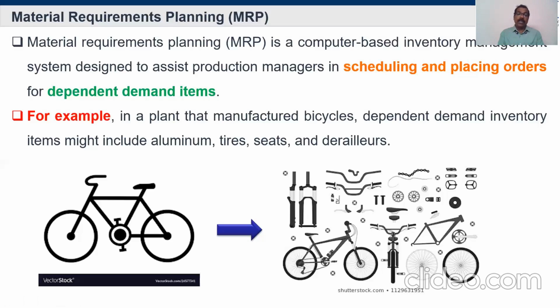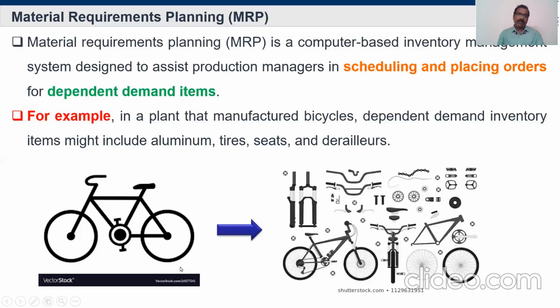That is what dependent demand items are. A bicycle might have numerous parts: bolts, nuts, aluminum frames, chain, pedals, seat, brake shoes, rims, and tires, right? All of these belong to the particular bicycle, so this is a dependent product for this particular demand item.